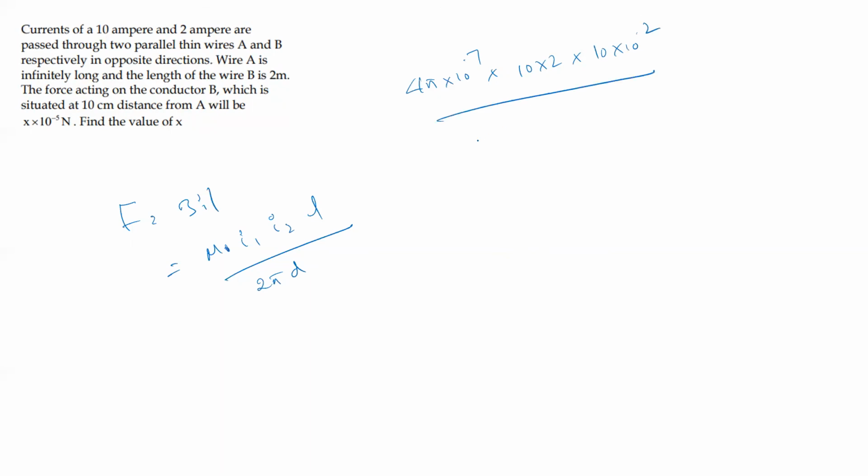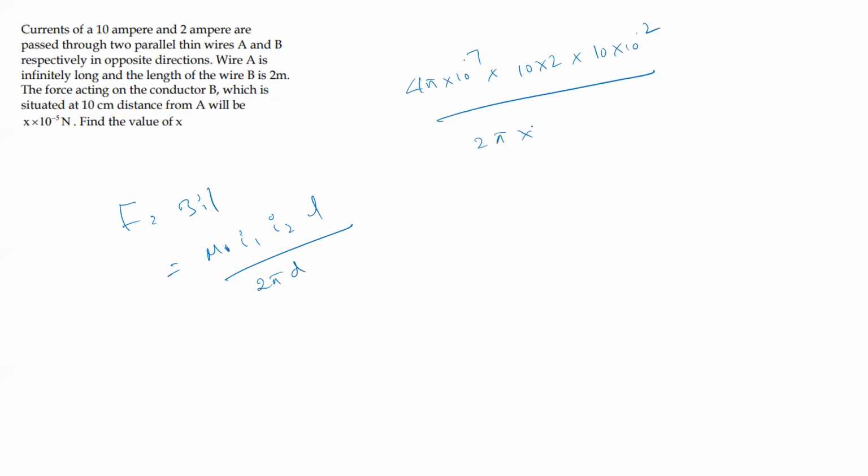Force experienced by the conductor is F equal to B I L. B, the field produced by the first conductor, is mu naught I1 by 2 pi d, so F is mu naught I1 I2 L by 2 pi d. So 4 pi into 10 power minus 7, 10 ampere, 2 ampere, length 2, by 2 pi into 10 into 10 power minus 2.